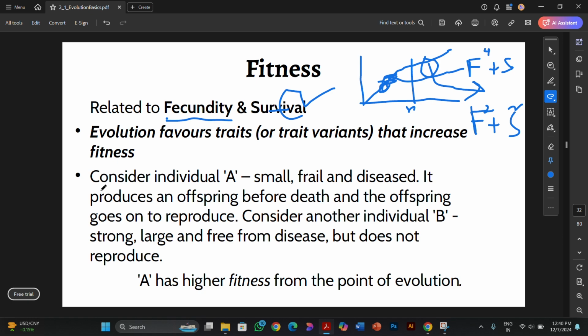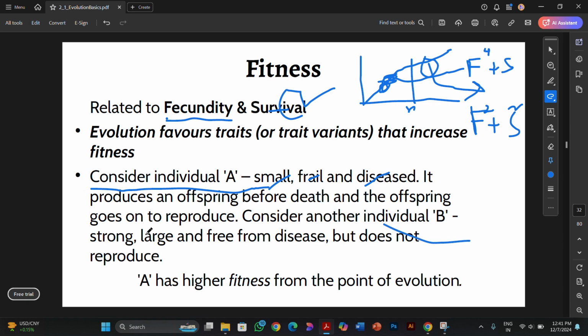Now there is a paradox we can discuss. Consider an individual named A, small, frail and diseased. It produces an offspring before death, and the offspring goes on to reproduce.